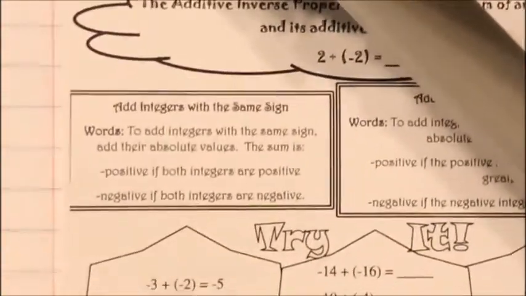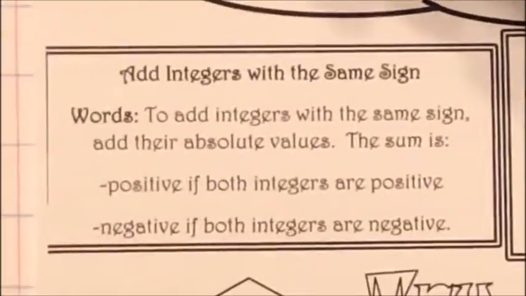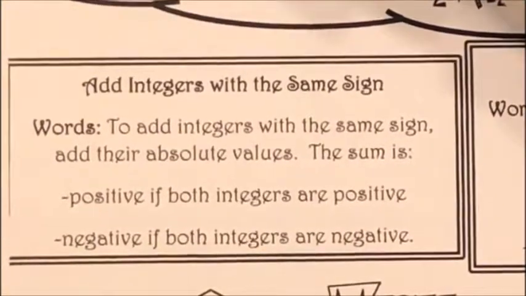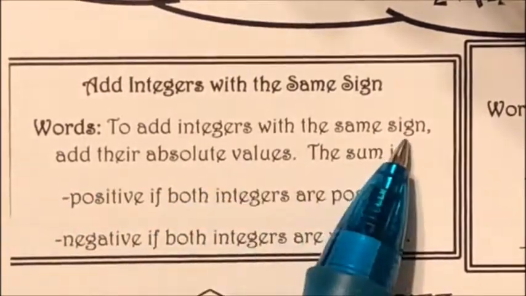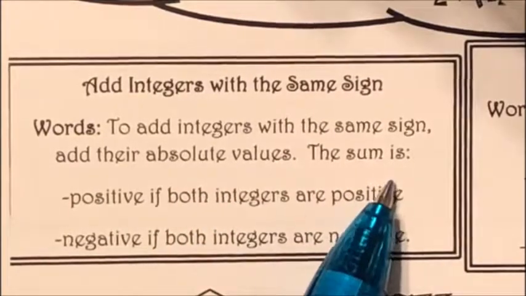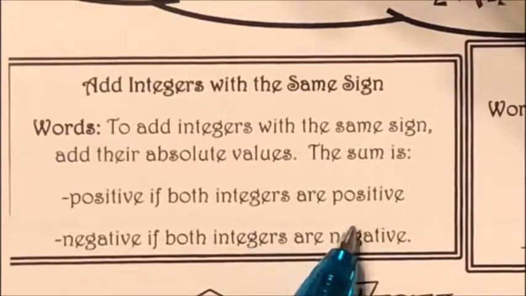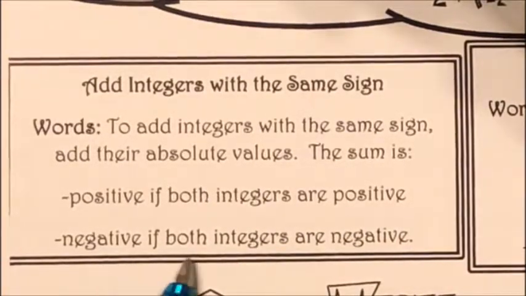The first one is when I add integers with the same sign. To add integers with the same sign, I add their absolute values. The sum is positive if both integers are positive, and negative if both integers are negative.